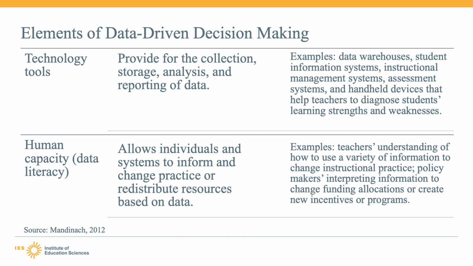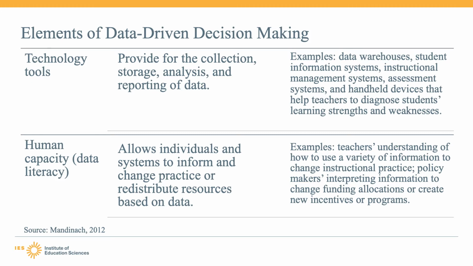Data-driven decision-making really has two main components. Now, granted, each one of these is complicated and multifaceted, but it really is about having, on the one hand, technology tools, and on the other hand, having human capacity or data literacy. So the technology tools are going to include systems, things like data warehouses, the devices, things that are going to collect and analyze information. And on the other side, the human capacity is going to be things that enable best use of the information.